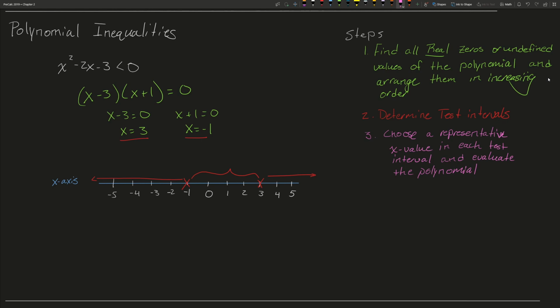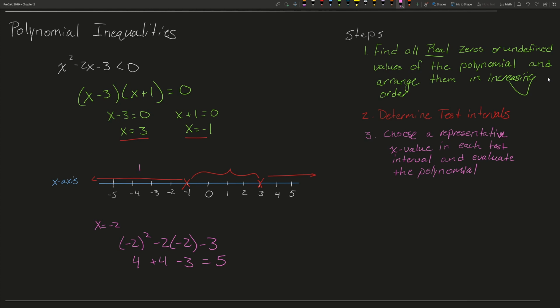In order to do this, we have to choose things in these intervals. So let's choose x is equal to negative 2 first. When we do that, we get negative 2 squared minus 2 times negative 2 minus 3, which simplifies to 4 plus 4 minus 3, which is equal to 5.